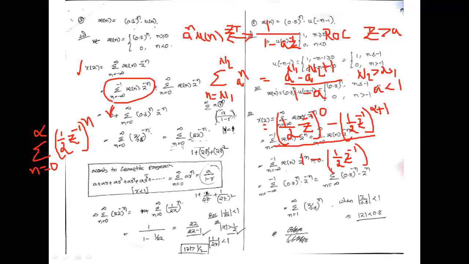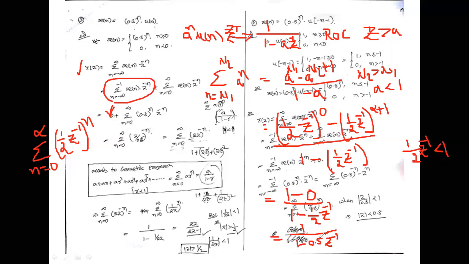And the condition is that 1 by 2 z inverse is less than 1, which you have to satisfy. Anything power 0 is 1. Anything power infinity is 0. Whole divided by 1 minus 1 by 2 z inverse. Nothing but the value is 1 by 1 minus 0.5 z inverse. So we got this function: a power n u[n] is 1 by 1 minus a z inverse.